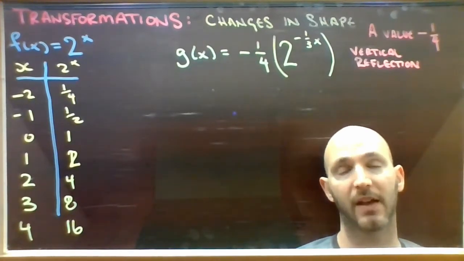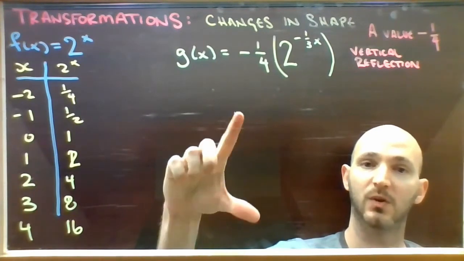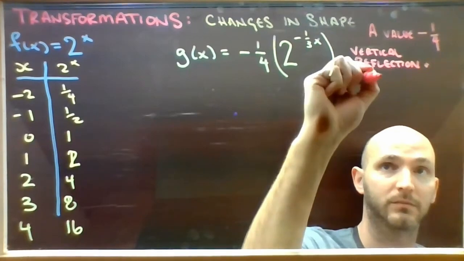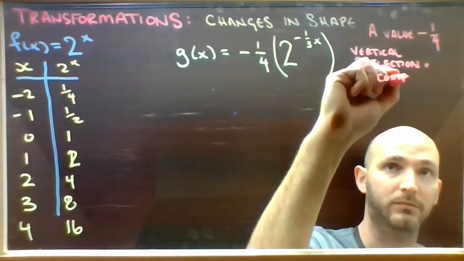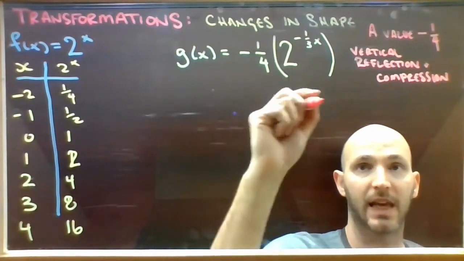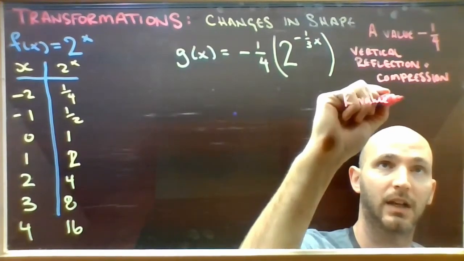And when an a value is less than 1, it takes all of your values and drags them closer to the x-axis. So that's a compression. I have a k value of negative 1/3.